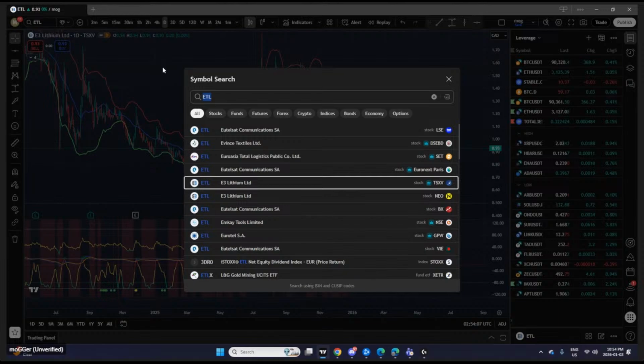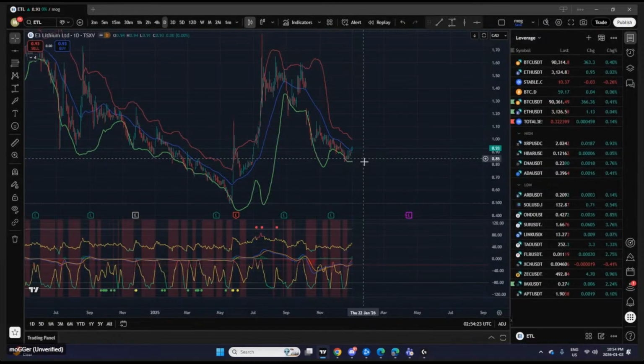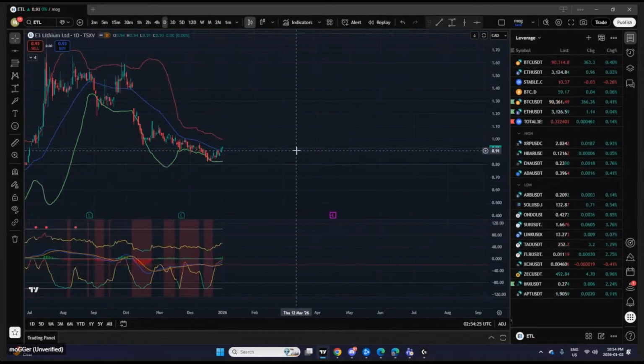We're not market buying. Again, I can't stress that enough. We're limit ordering, and we're not limit ordering anywhere near the current price. It's always going to be under it. We usually want to try to get where people put their stop losses.